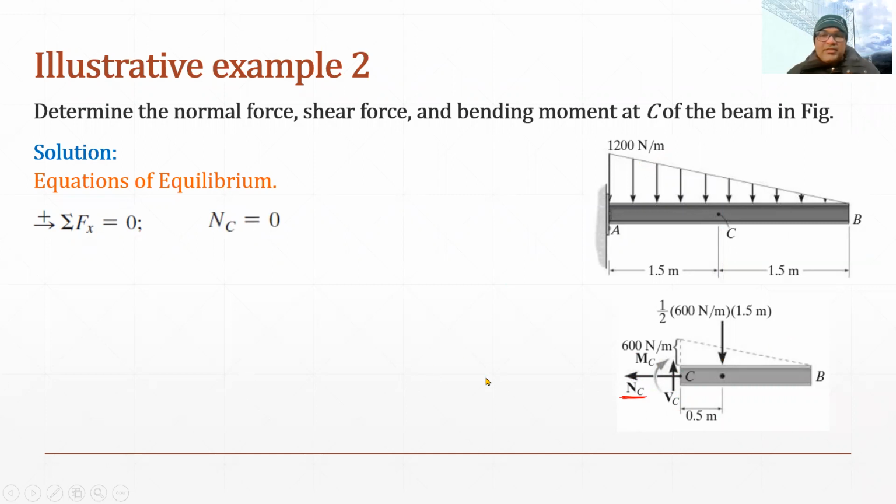Similarly, we will use another equation of equilibrium, which is summation of Fy. As I said, as we have taken the right hand side portion, downward force will be considered as positive and upward force will be considered as negative. So here we have done the same.